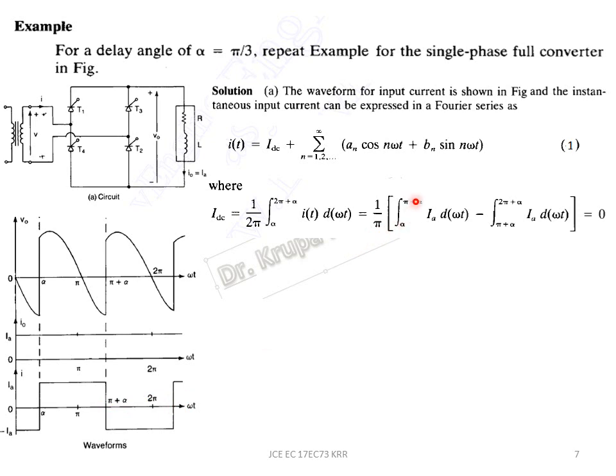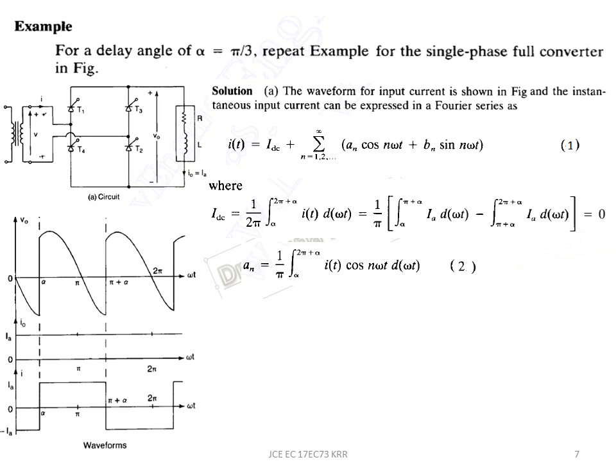Between alpha and pi plus alpha, the current is positive Ia, and during pi plus alpha to 2 pi plus alpha, the current is negative. That's why this minus has come. So obviously this term will cancel with this term and you get the average value as 0.